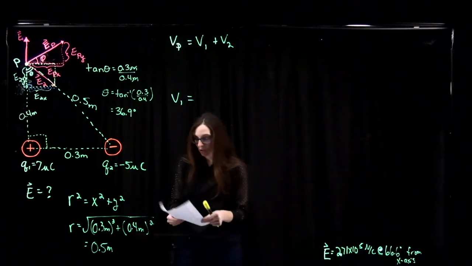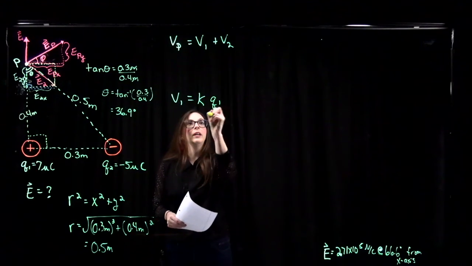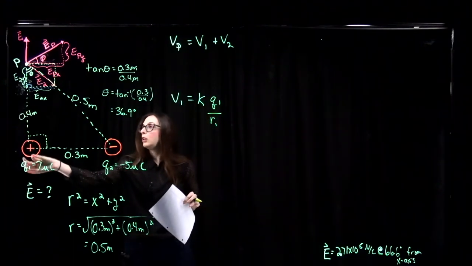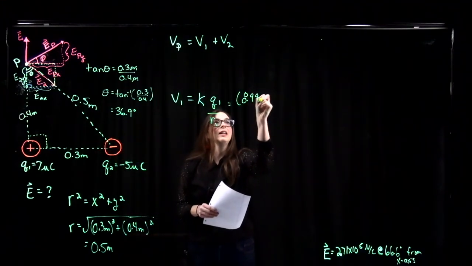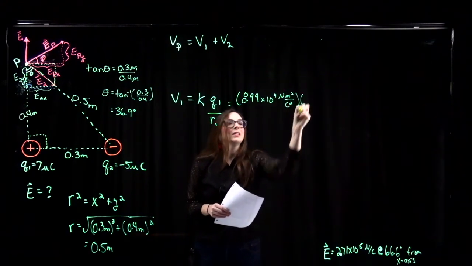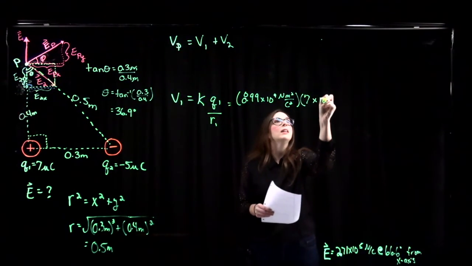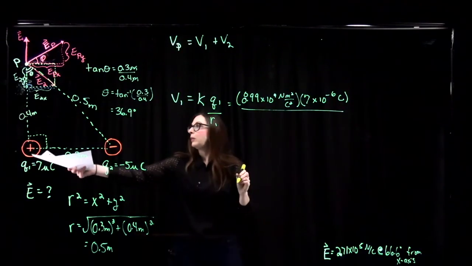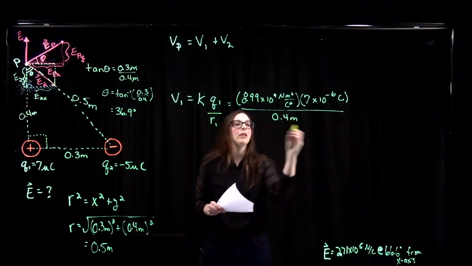The equation for electric potential is our Coulomb constant times Q1 all over R, I'm going to call it R sub 1. It's this distance between Q1 and my point P. So this is going to equal 8.99 times 10 to the 9 Newton meters squared over Coulomb squared times Q1, which was 7 times 10 to the minus 6 coulombs, that's a microcoulomb, divided by the distance between them, which is 0.4 meters.